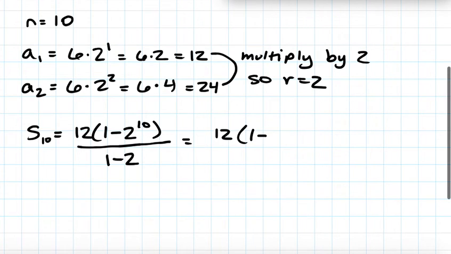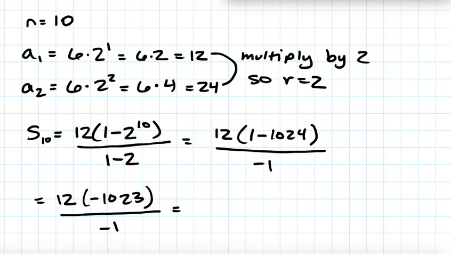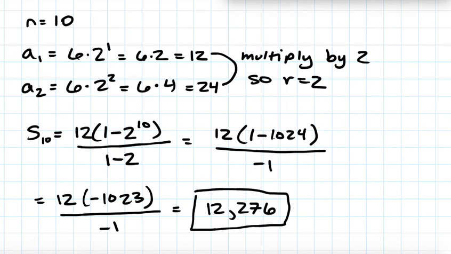If I do 2 to the 10th, that's going to be 1024. 1 minus 2 is negative 1. 1 minus 1024 would be negative 1023. And if I multiply this out, I should get 12,276. I should get a whole number because I'm adding up a bunch of whole numbers here, so it would make sense that my sum would be a whole number.